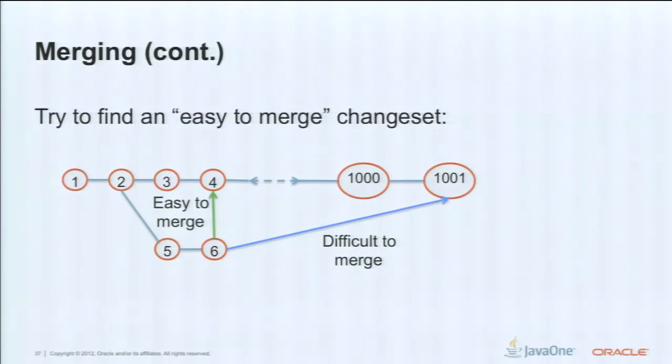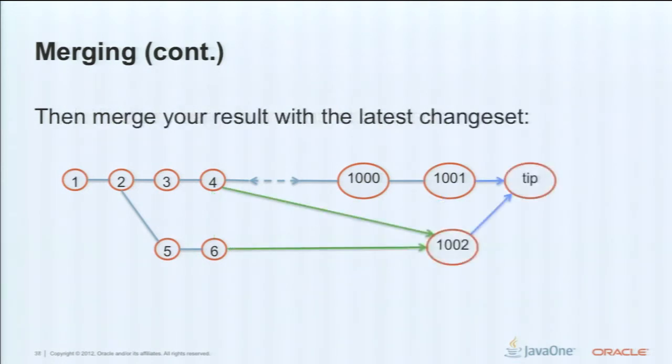For example, if change set number 6 would be easy to merge with change set number 4, then we would definitely recommend to merge them first. And after the merge, change set number 2002 is going to be created. It will be a merge change set. And after that you may try to merge it with change set number 2001. Since you already merged it with the main branch, it will be much easier to merge it with 1001.